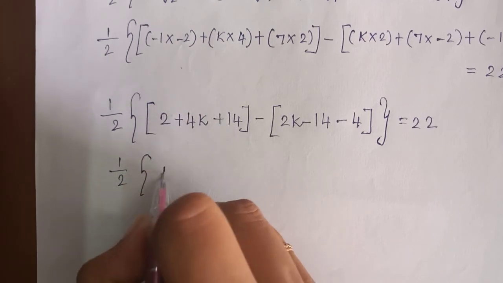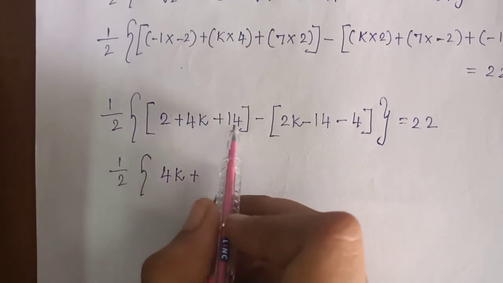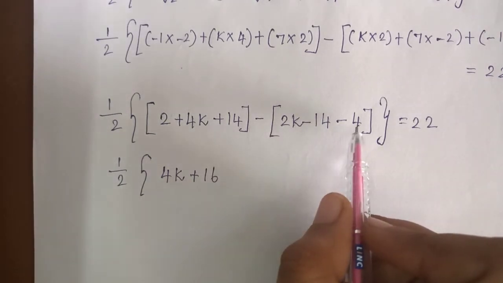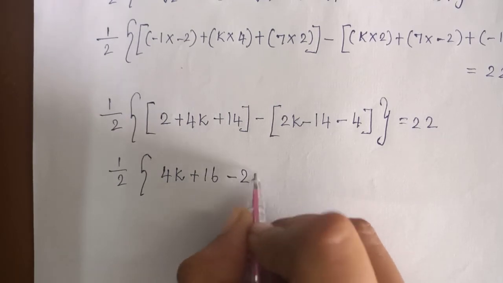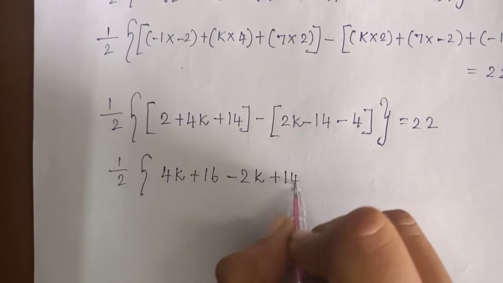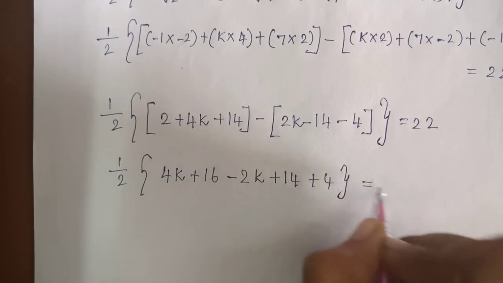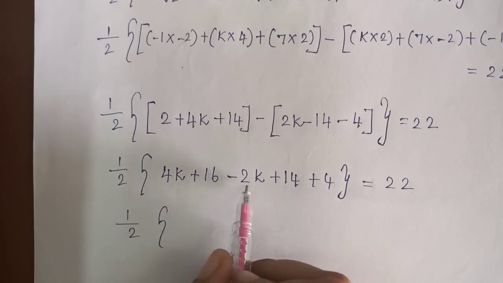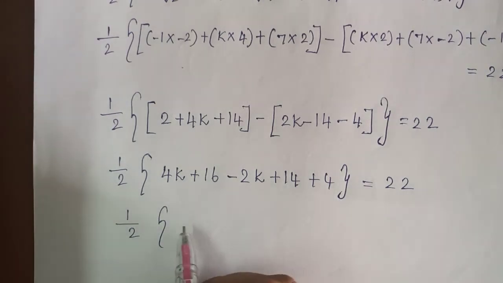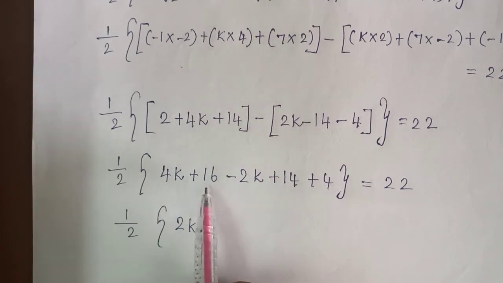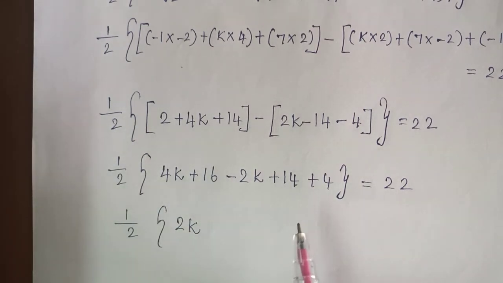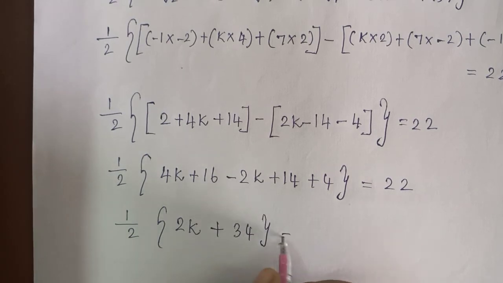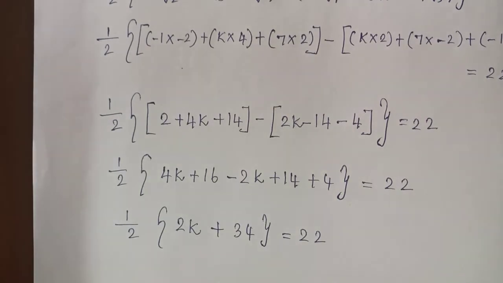You just add this 2, so 4k plus 2 plus 14 is 16. You are taking the minus sign into the bracket, so minus 2k plus 14 plus 4 is equal to 22. So 1 by 2 of 4k minus 2k gives 2k. Then 16 plus 14 plus 4 gives 34. So plus 34 is equal to 22.